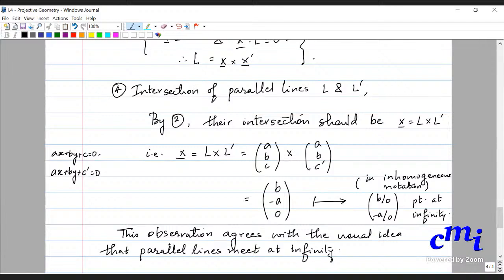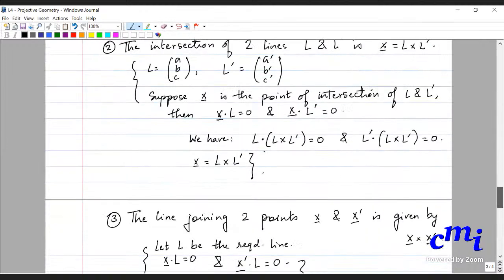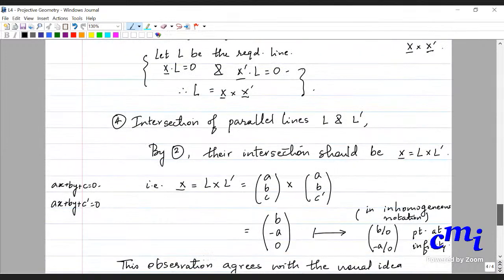Okay, and this is how the projective notation takes care of this special case. Now you no longer have to keep on making a special case out of parallel lines meeting at infinity. They are just going to follow the usual rules that we wrote in 2 and 3. And infinity is just like any other point in the plane.